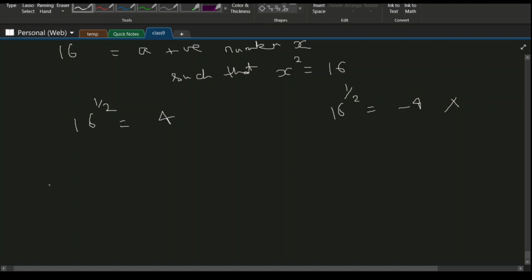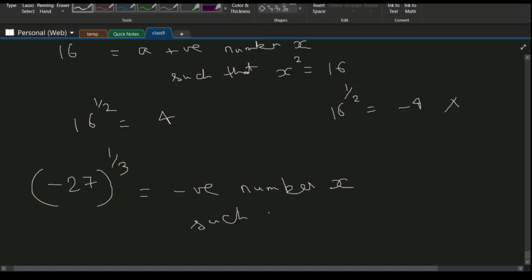Okay, if I write a negative number here, minus 27, and put the power 1 by 3, since the base is negative, this will be defined as a negative number x such that x when raised to the power 3 should give me minus 27, because the base is minus 27 here, right?